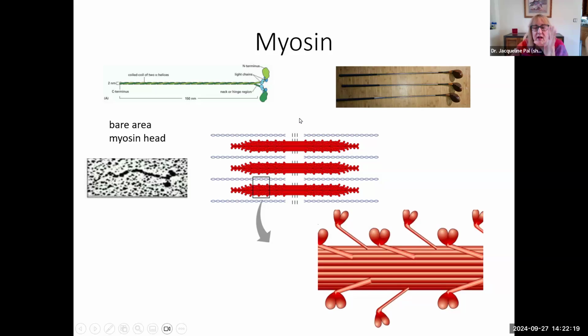So the bare areas are in the middle of the sarcomere and the heads are facing out toward the Z lines. And that's what myosin looks like. And that head is looking towards the other protein. It's looking to actin. It wants to stick its head into actin and interact with actin.